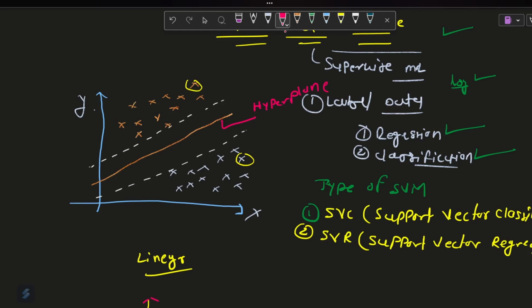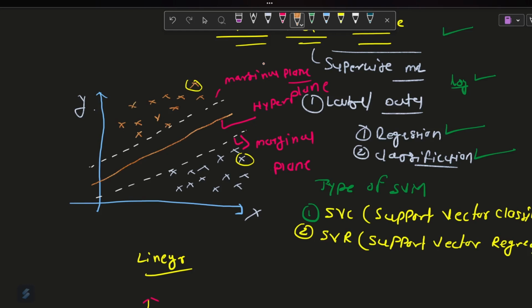Why are these generated, and why are they used in a support vector machine? We'll understand that. These two lines are called marginal planes.